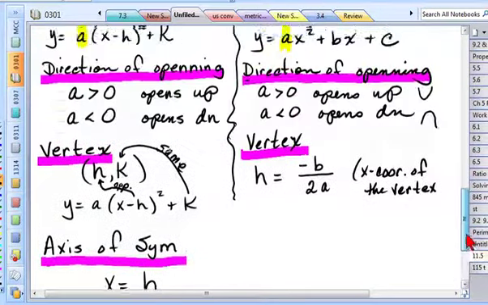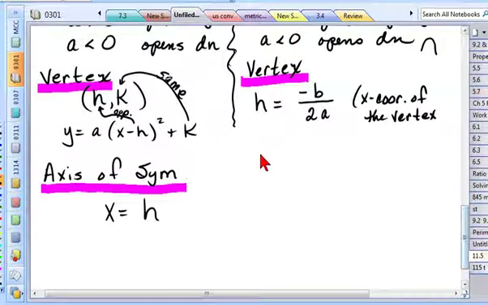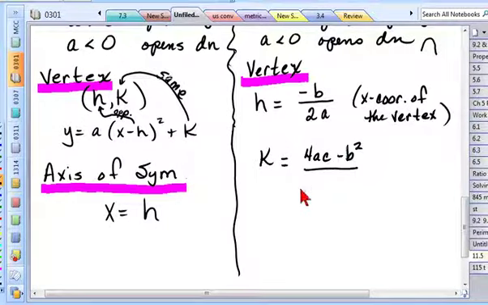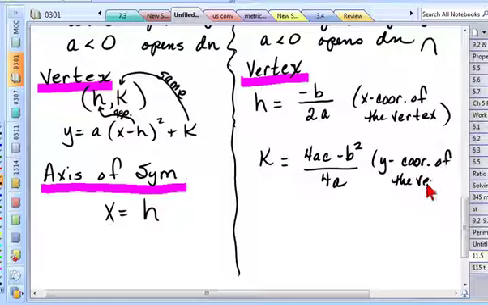And it seems like I've lost something, so I'm just going to tell you here that k can be found by a different formula. It is 4ac minus b squared all over 4a. Now that's kind of a tedious formula for the y-coordinate of the vertex.